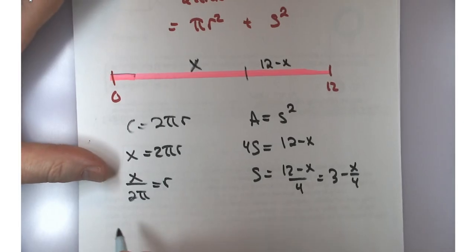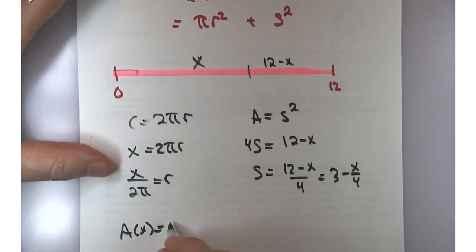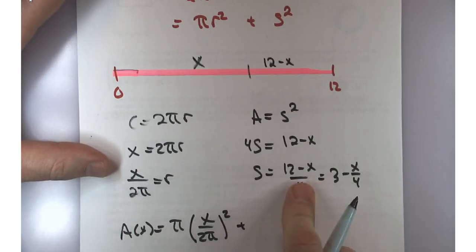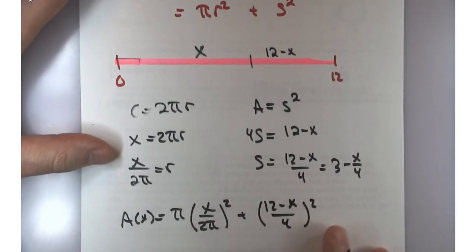So let's see. Call it A of x is going to be pi times x over 2 pi squared plus, which one do you want to use? I think using this one is going to be a little bit easier. 12 minus x over 4 squared.